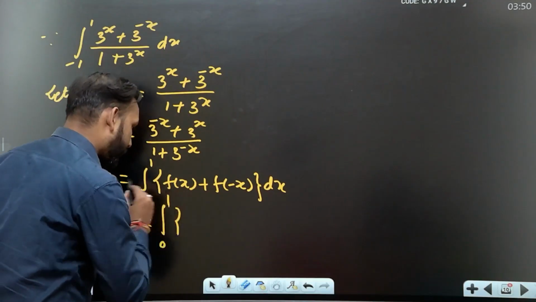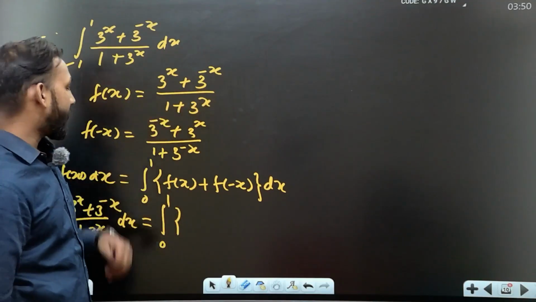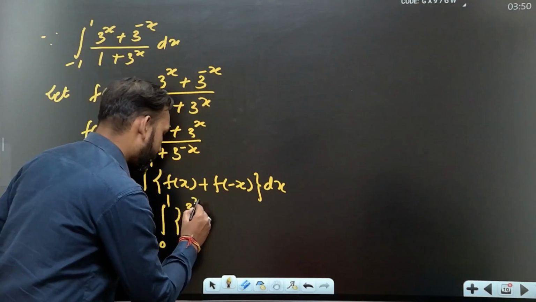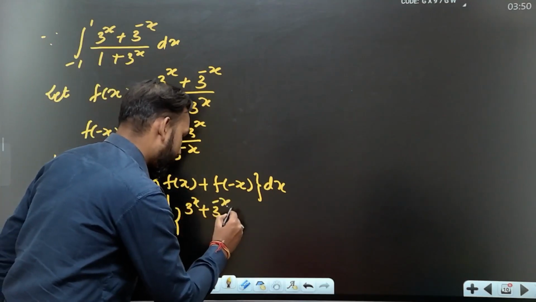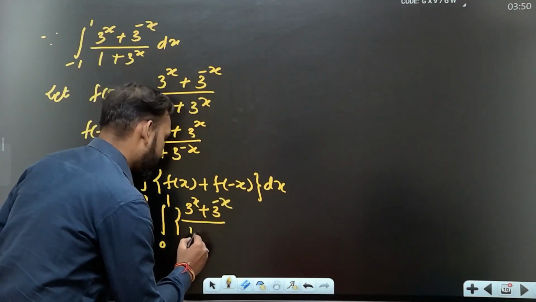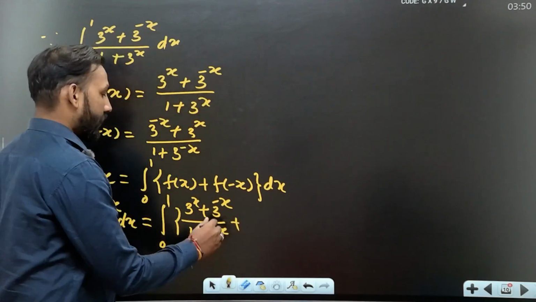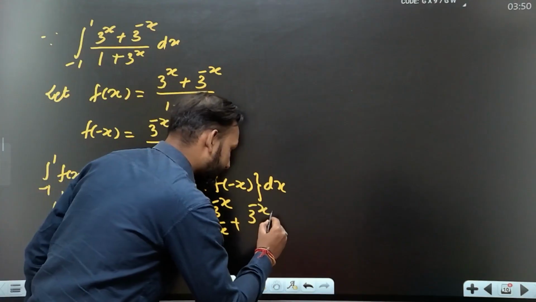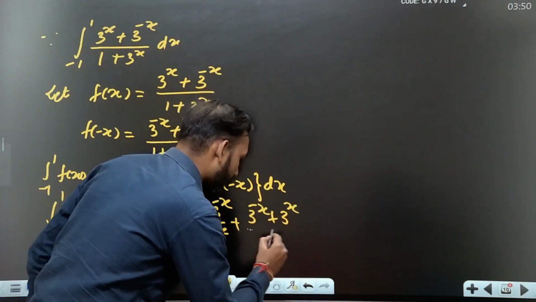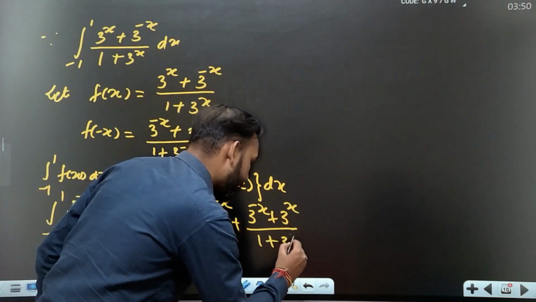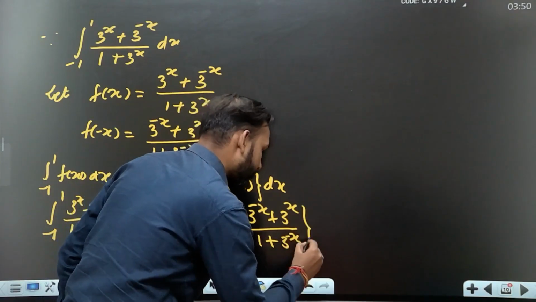Now we have f of x, which is 3 to the power x plus 3 to the power minus x over 1 plus 3 to the power x, plus 3 to the power minus x plus 3 to the power x over 1 plus 3 to the power minus x. Isn't it?